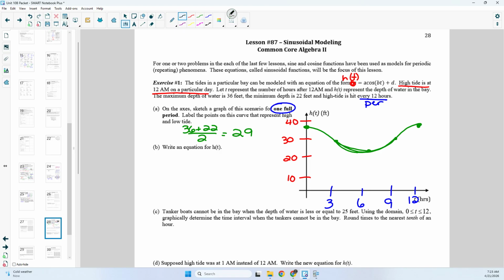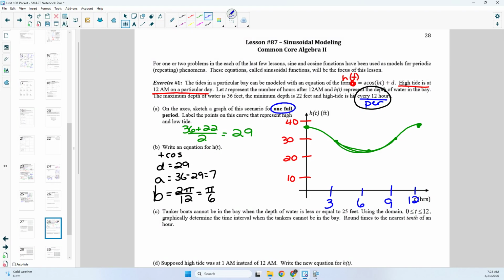So first off, going through those qualities, we know it's positive cosine because we're starting at the maximum. My midline is 29. We already found that. So my amplitude, max minus midline, is 7. And my period, we know, is 12. So my B value is going to be 2 pi divided by the period, 2 pi divided by 12, or pi over 6.